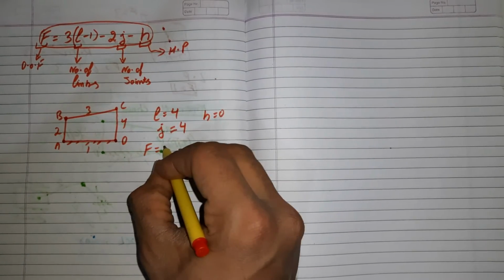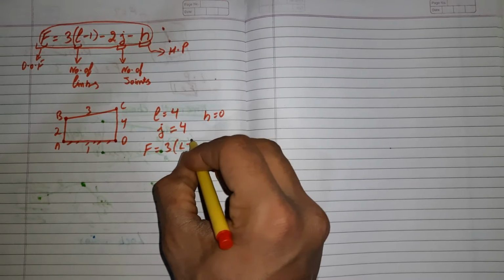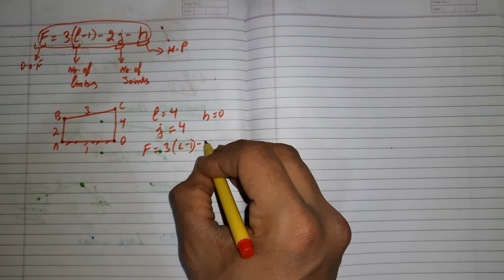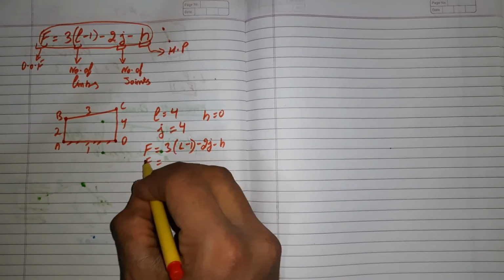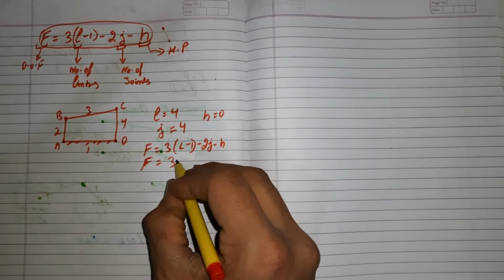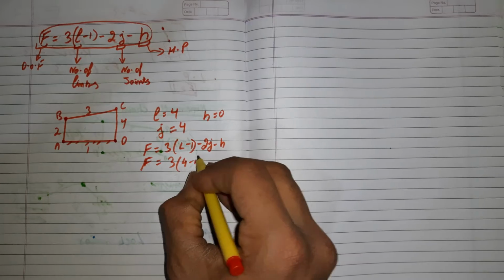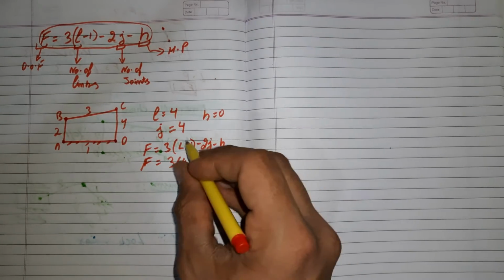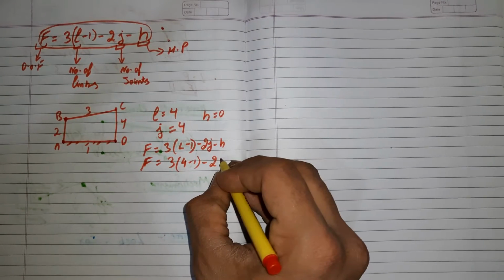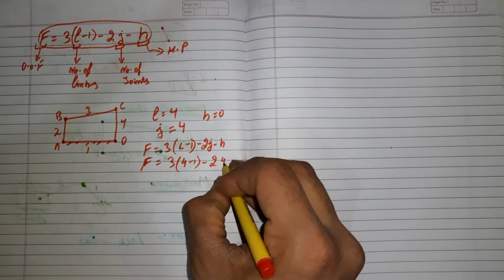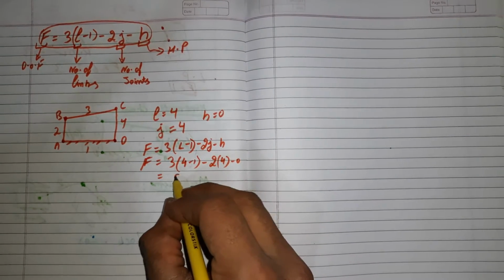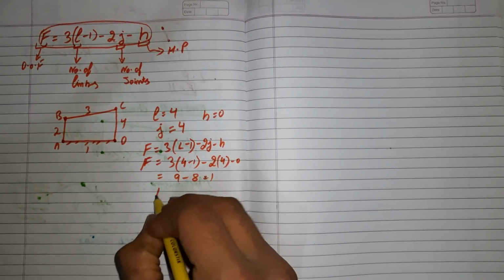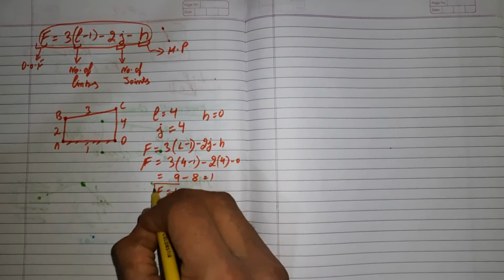So according to this equation, F = 3L minus 1 minus 2J minus H, its degrees of freedom will be 3 into 4 minus 1. Its degrees of freedom will be 1.